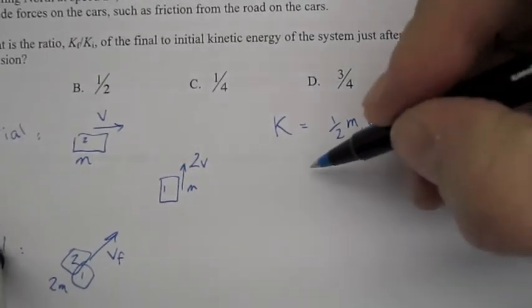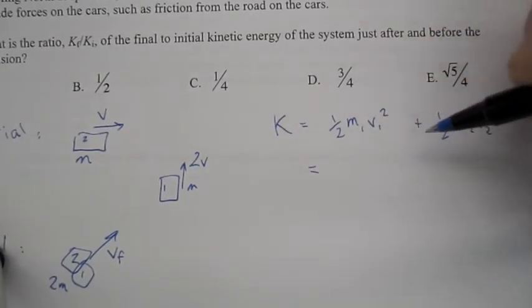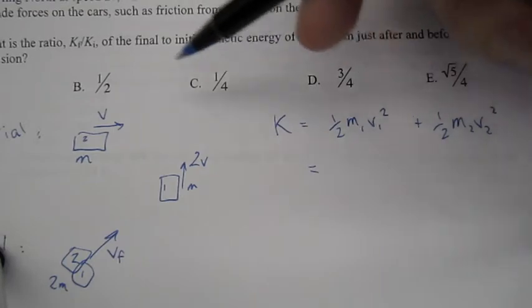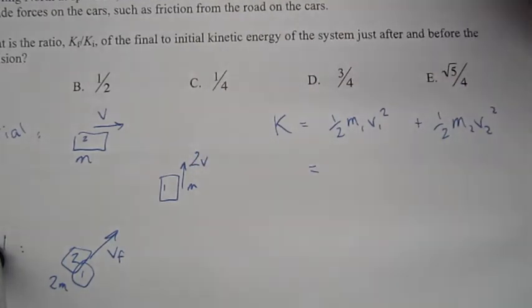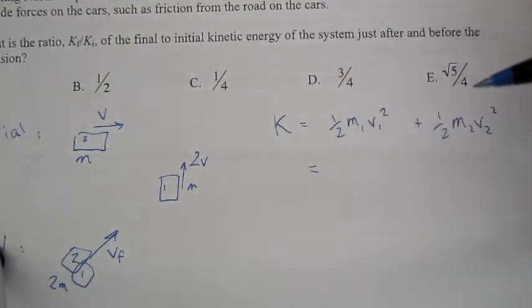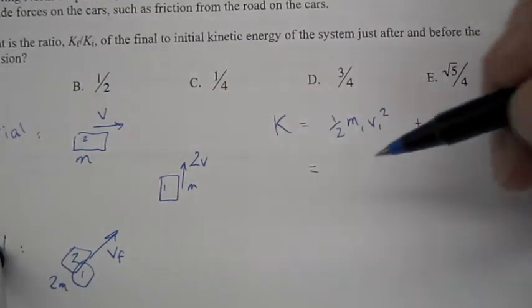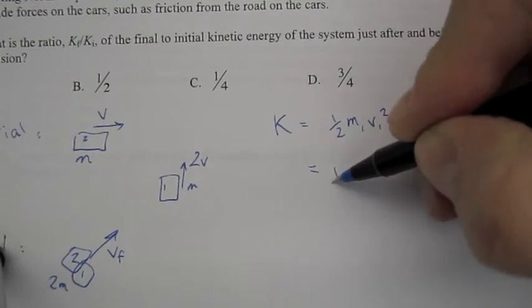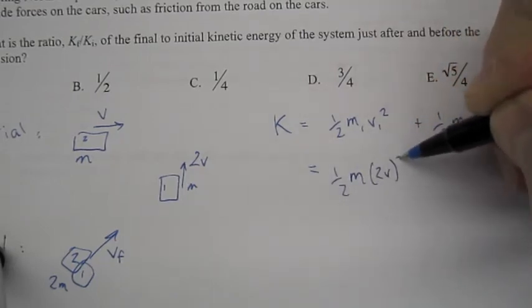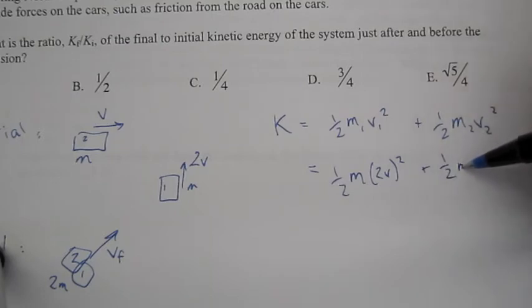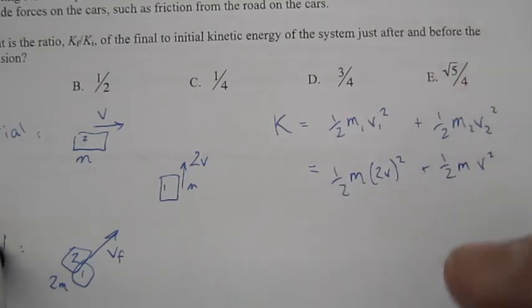And we know that m1 and m2 are m without the subscript, and v1 is 2v, v2 is v. So it's going to be 1/2 m times 2v squared plus 1/2 m times v squared.